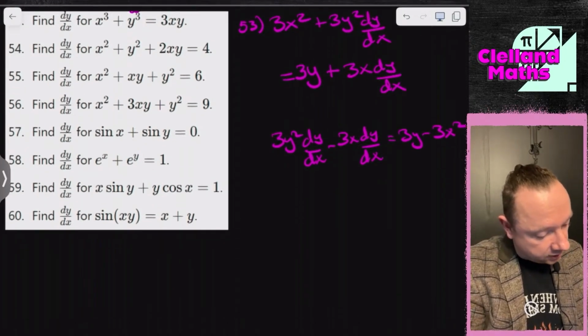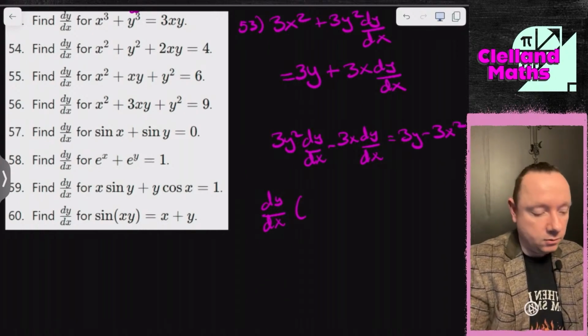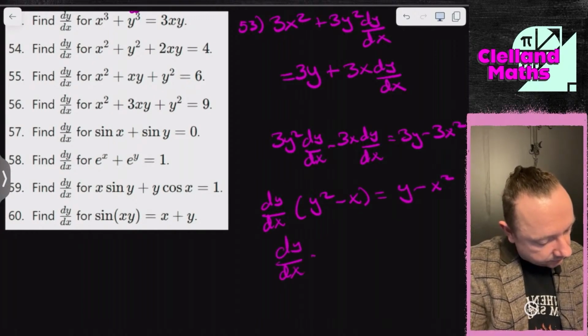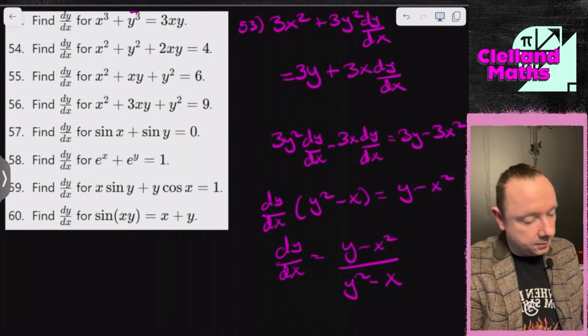A lot of 3's there, so let's just get rid of them straight away. Take dy by dx as a common factor, and if I take 3 of them, and take 3 on the other side, the 3's will cancel. So we'll just have y squared minus x equals y minus x squared. So dy by dx is y minus x squared over y squared minus x. Yeah, happy with that.